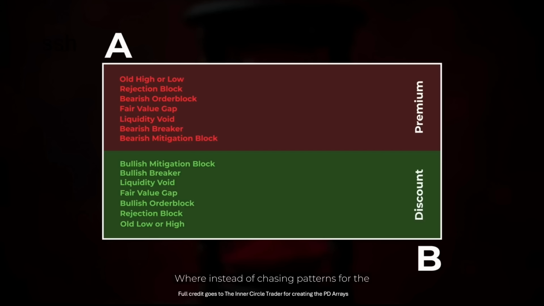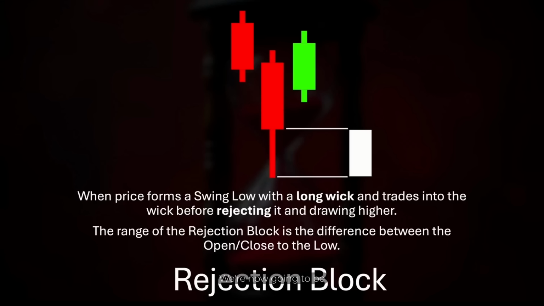Instead of chasing patterns for the sake of chasing patterns, you're now beginning to understand that there's a certain order in which you can look for these patterns. And when all these patterns are forming in the right order, and you're trading within a bigger framework, for example a market maker sell model, then you know that you have a high probability short trade opportunity. We're now going to be paying attention to the discount arrays.